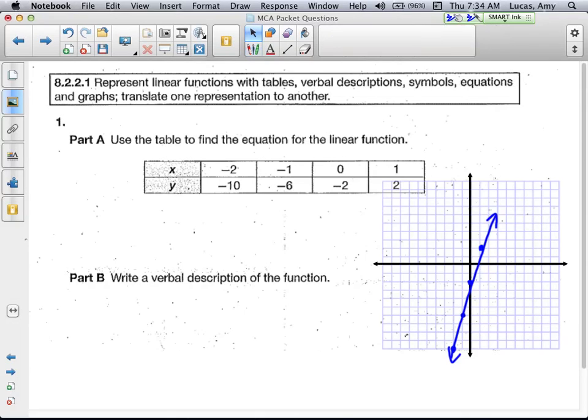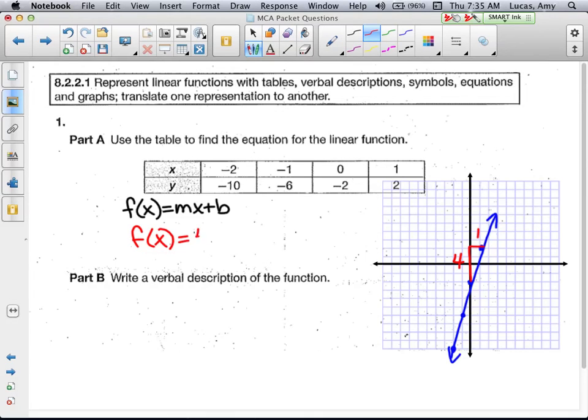The slope and intercept are what I would need in order to write my equation. So the slope of this line, I'm going to rise 1, 2, 3, 4, and then run 1. Rise 4, run 1. So my slope is 4. And my y-intercept is -2.